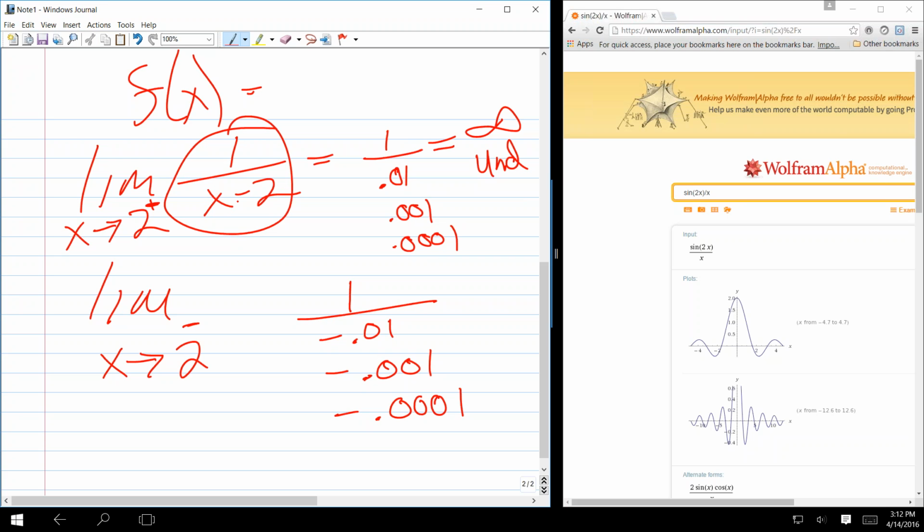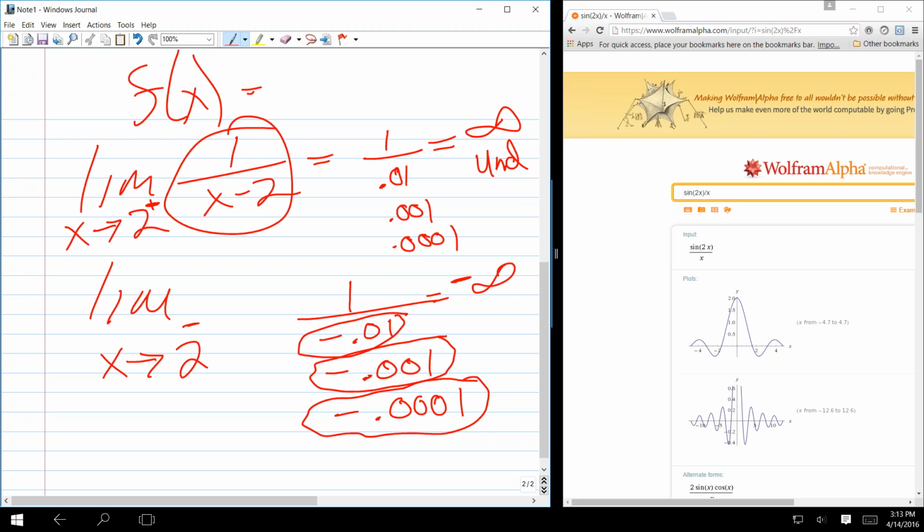Well, that gives you a negative denominator. And even though that denominator gets closer and closer to 0 as we move towards 2, it stays negative. So the limit of that as we approach from the negative side is negative infinity.